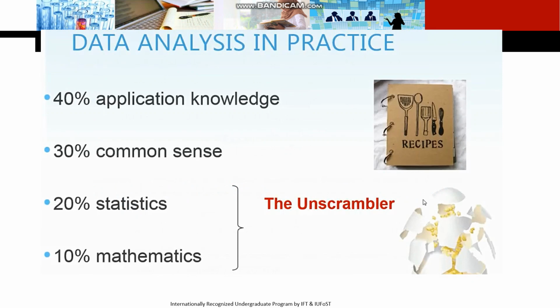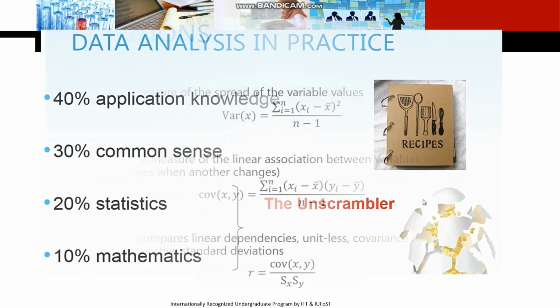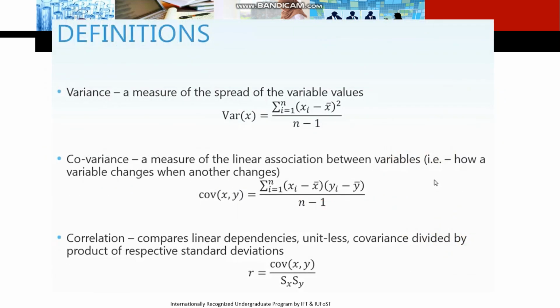It's like we are in a scramble. Back again to the definitions of statistics, because it is needed to recap the definitions. Last week, we learned about the standard deviation.